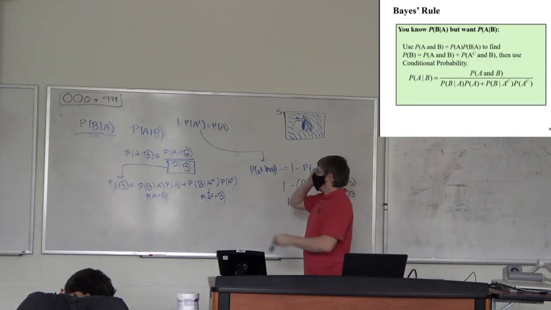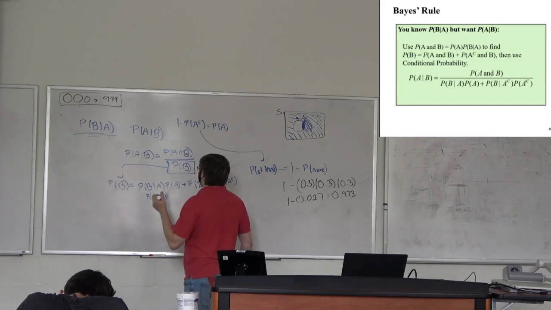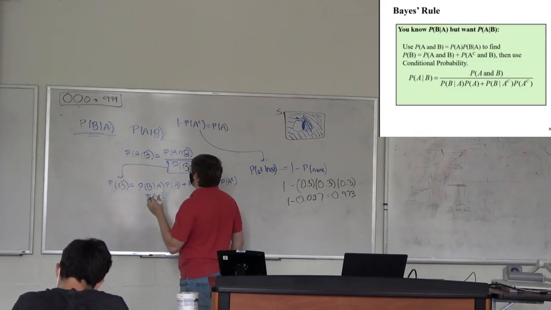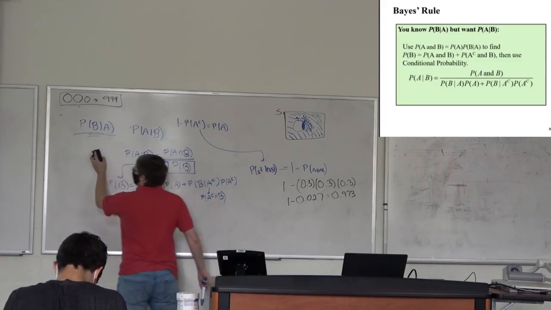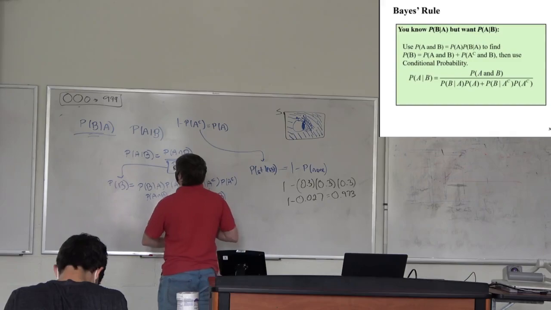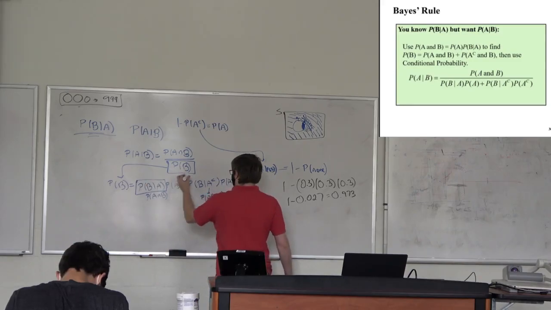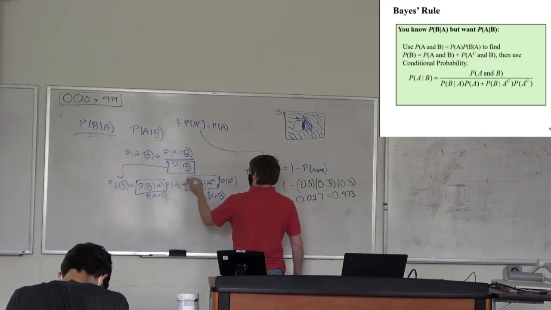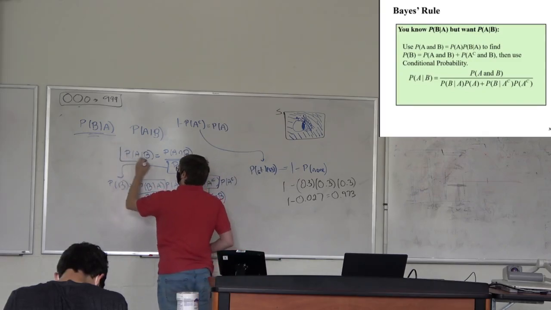So we can write out Bayes' rule in terms of this, and now I can use, so this would be the opposite case for this. Yeah. So we know P of B given A, which is this here, and now we can figure out these probabilities and these over here, just to figure out what P of A given B is.